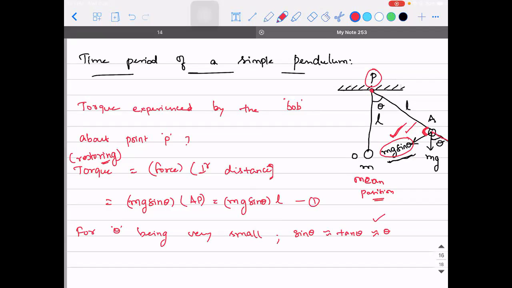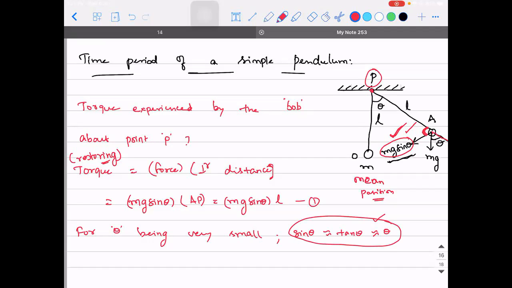Whenever theta is very small, sine theta and tan theta are almost equal, because sine 0 is 0, tan 0 is 0. Sine 0.00001 radian will be approximately equal to 0.00001 radian only. It is that small a value.